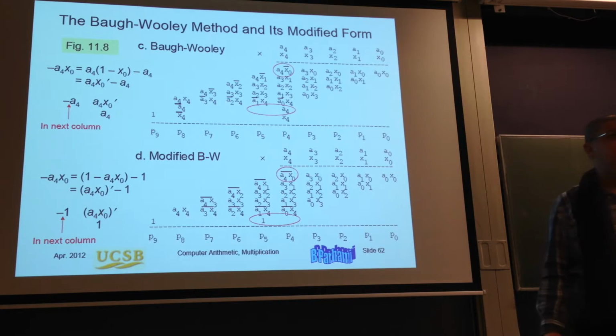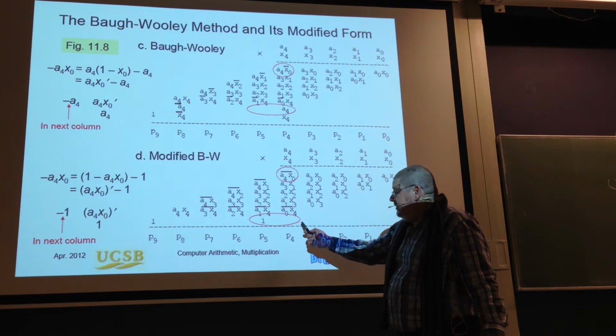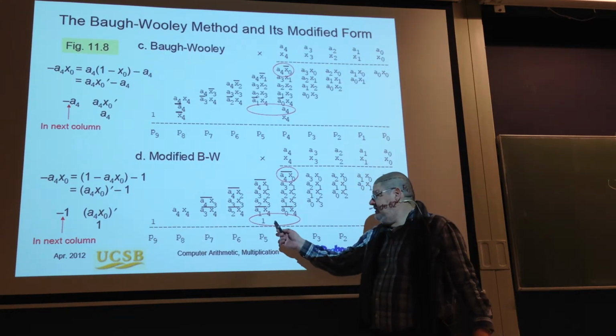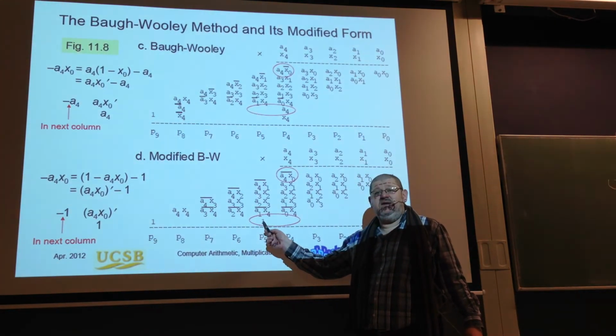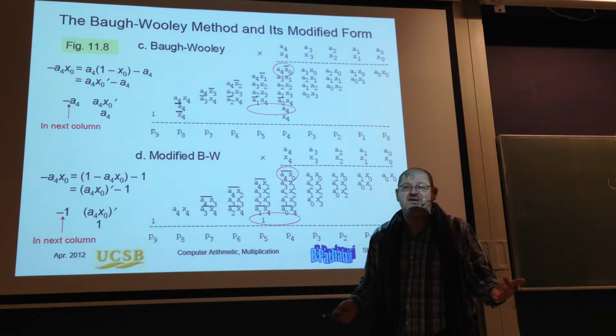Instead of computing AND, which anyway it's complicated because I have to do an AND and an inverter, I obtain this with an AND. Now, what is here, you know, I have this extra 1 in here, it's a constant. But it will still contribute to the reduction, even though it's a constant.